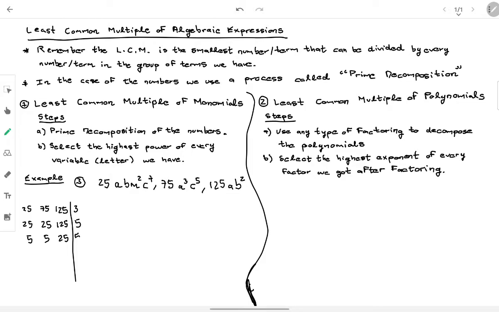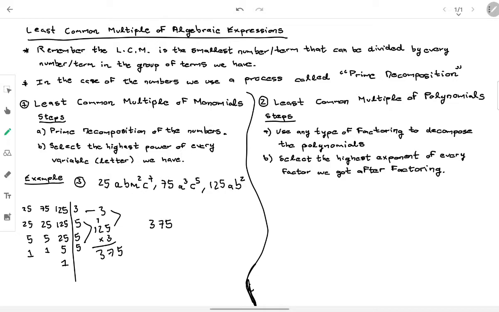Then we can continue dividing by 5. Finally, by 5, it's going to be 1. So we got 125 multiplied by 3. If I multiply 125 by 3, it's going to be 375.